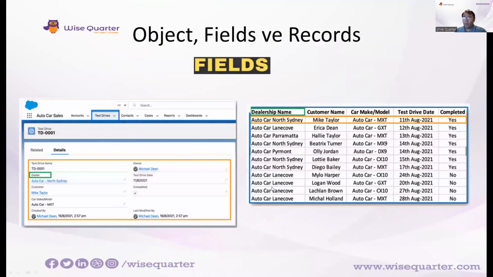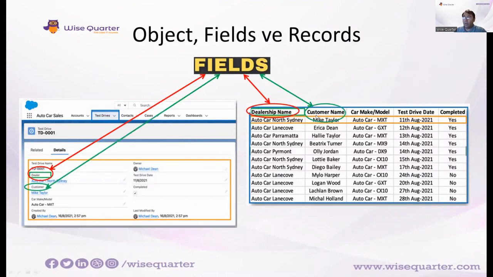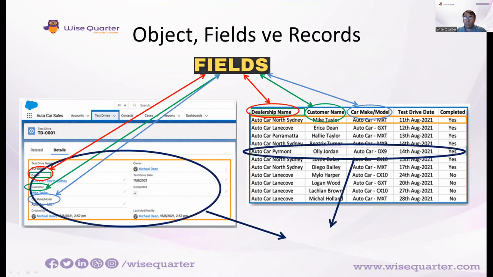Now, we have fields in this object. In this Excel, you have dealership, and it's here. You have customer name, it's here. You have car model, you have it here. And also, after creating these fields, you can add some records.